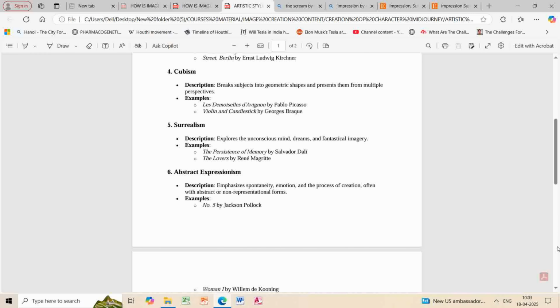The next is cubism. In cubism, this artistic style breaks subjects into geometric shapes and presents them from multiple perspectives. One example is Violin and Candlestick by Georges Braque.